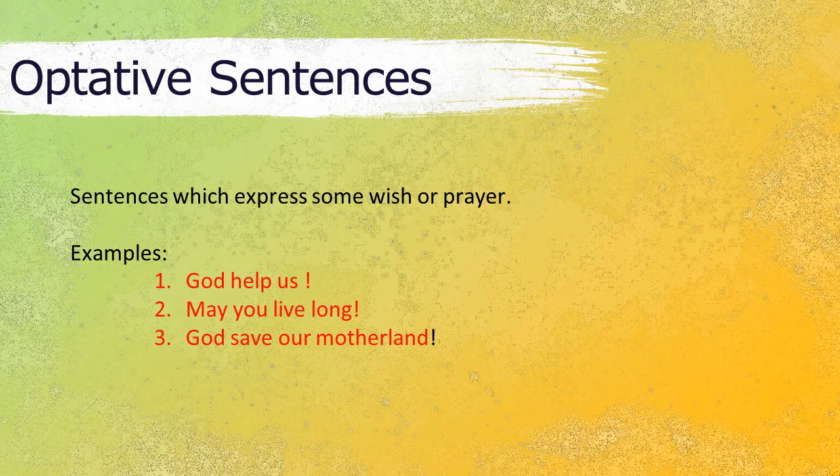God help us! May you live long! God save our motherland! Here, in all these cases, the sentences end with an exclamation mark, but they show some wish or prayer. That means sentences expressing a wish or prayer are called optative sentences.